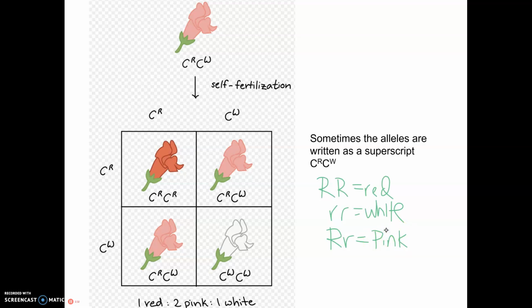But typically what you're going to see in published literature is they're going to pick one letter, like in this case C for color, and they're going to use CR for red and CW for white, and then the hybrids, CR-CW, will be pink, that in-between color.